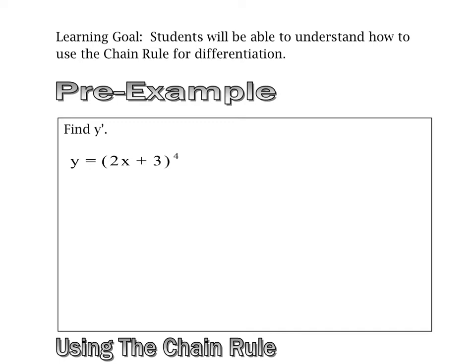Okay, without the chain rule, you could still do this derivative. You could expand this thing using Pascal's triangle.